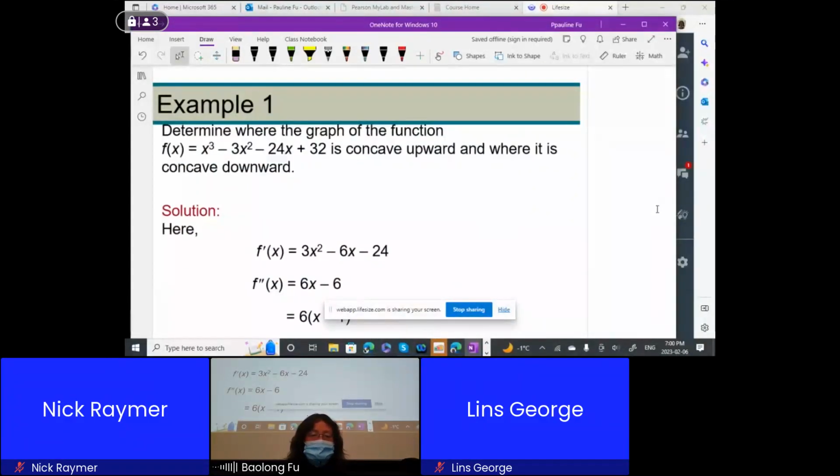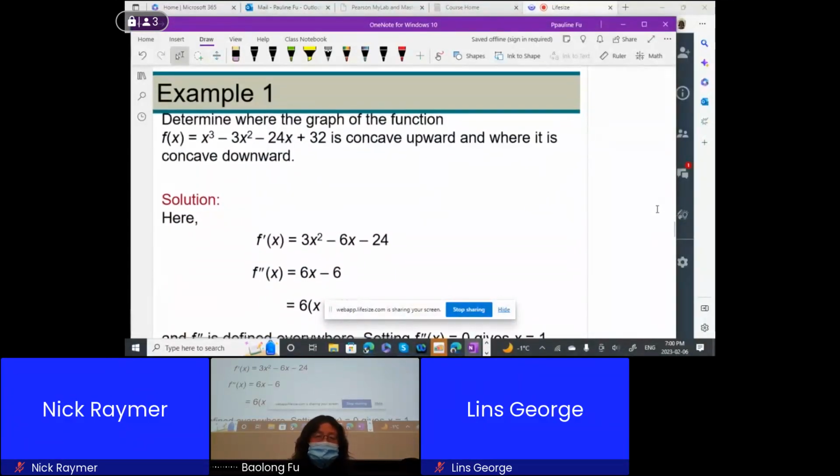Okay, example. Determine where the graph is concave up and where it is concave down. If you want to decide concave up or concave down, you must find the second derivative.